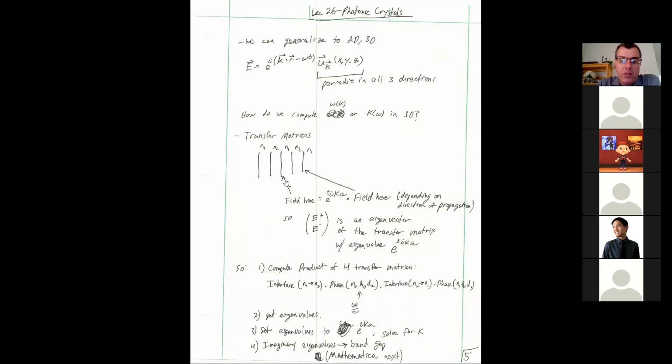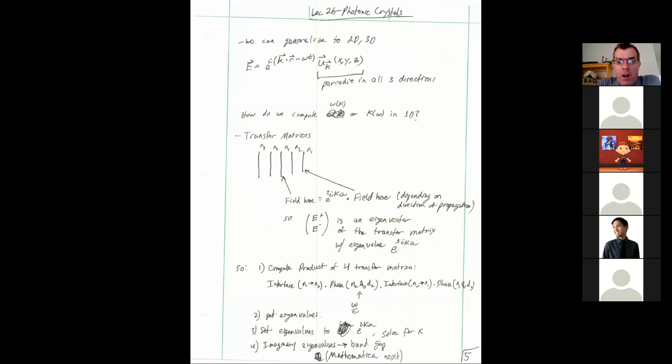And with transfer matrices, we just multiply an interface matrix to go from here to here, a phase matrix to go from here to here, another interface matrix to go from N2 to N1, and then one final phase matrix. So you could say, what about the next interface? Well, we already did something to cross from N1 to N2. So when we wind up here, that's equivalent to being here. So if I multiply 4 matrices, I should get back my original field multiplied by a phase shift.